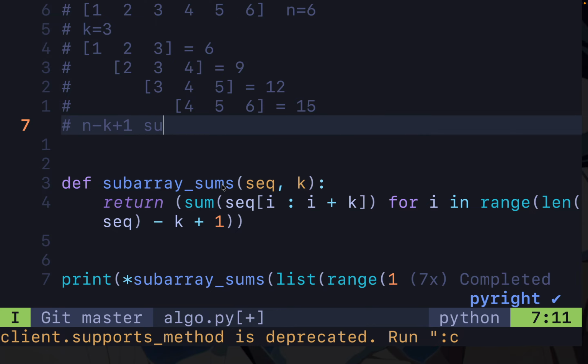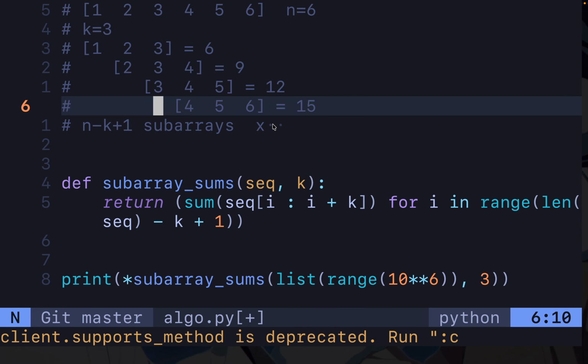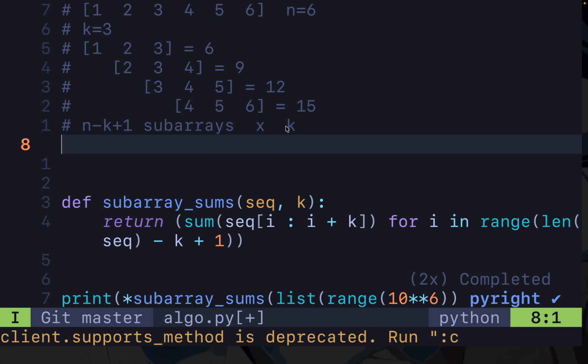So there are this many subarrays, and you multiply that by the number of elements in each subarray, since you're getting the sum of that specific subarray. So this multiplied by k. So all in all, you're doing around this many operations. So this is what we want to consider.